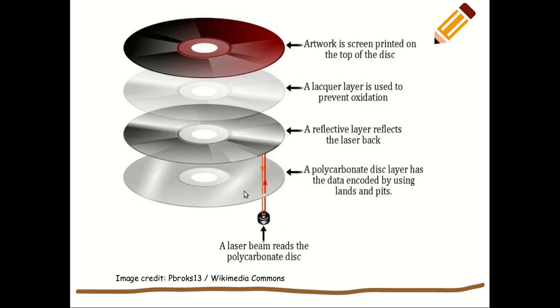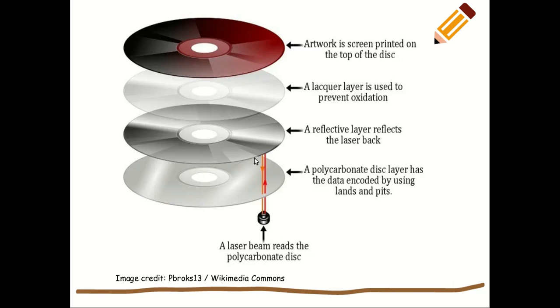So the very first layer of the CD is a polycarbonate layer, which is quite brittle, over which a reflective metal layer is there. The more widely used material is aluminum, which is used as a reflector in a CD, but in rare cases gold is also used if one wishes to store the data for many years.